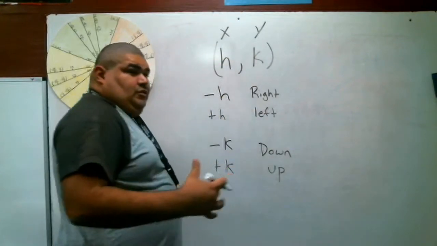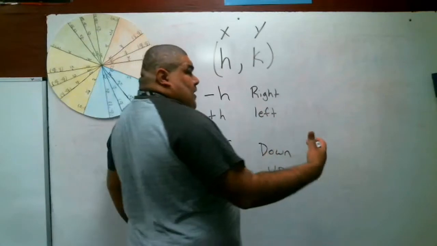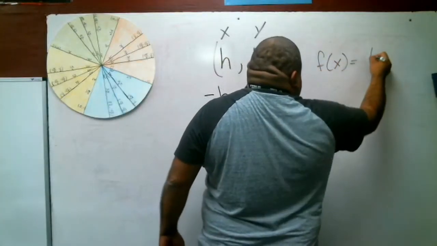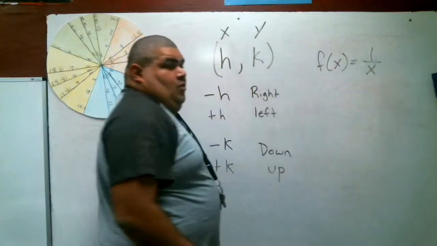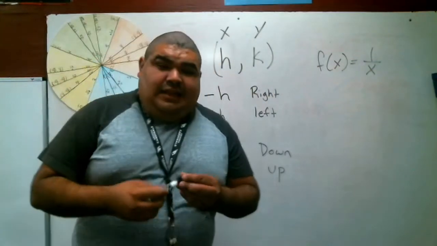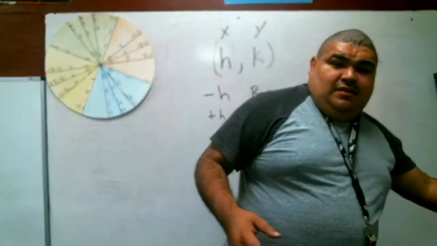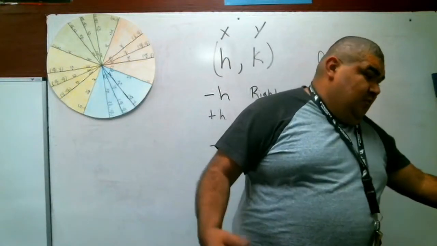We also talked about the parent graph, which was f of x equals 1 over x. That's your parent graph, meaning that x has to be 0 for your asymptote.